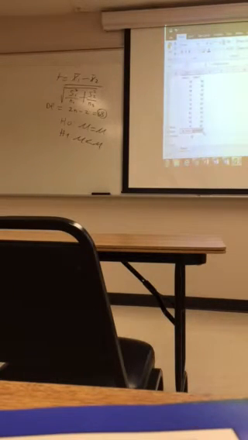Now I'm going to find my variance. Since I've got my standard deviation, now all I have to do is go in, highlight this, and then I'm going to command it to square that particular function, and that should give me my variance.